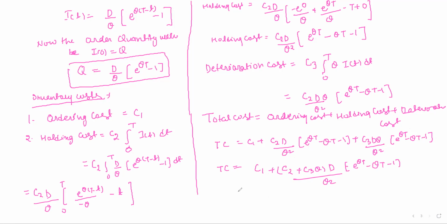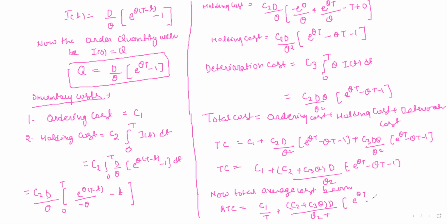Now we find the total average cost. The total average cost becomes, just divided by t, C1 by t plus C2 plus C3 theta, d upon theta square t, into e to the power theta t minus theta t minus 1.